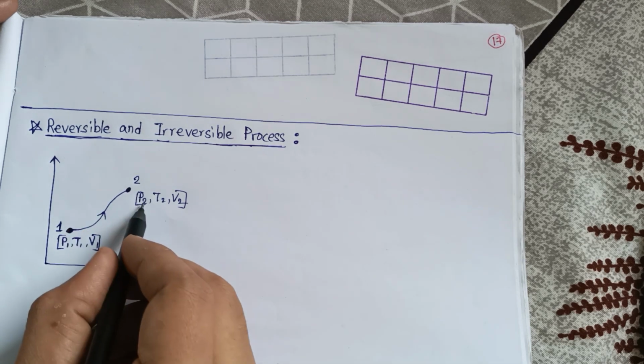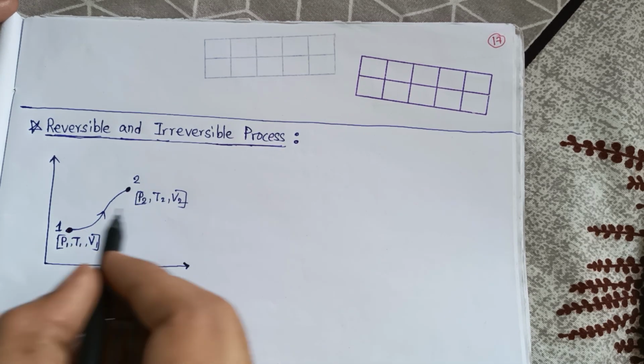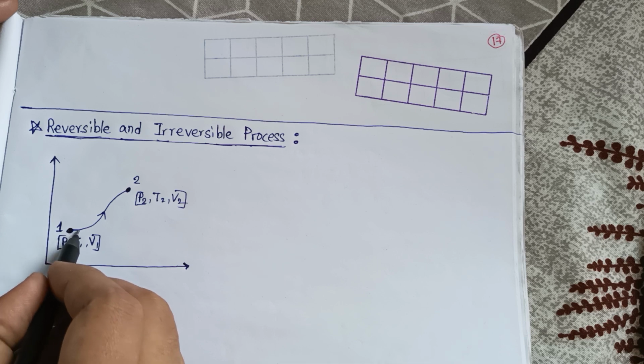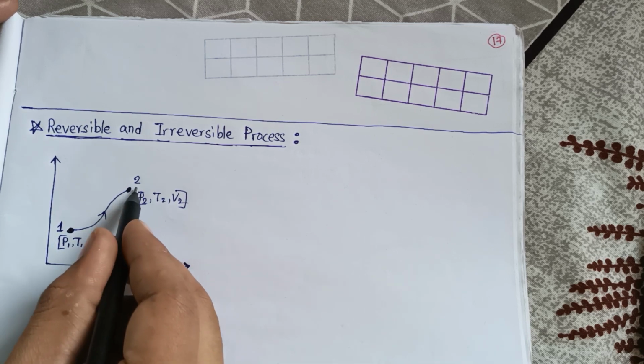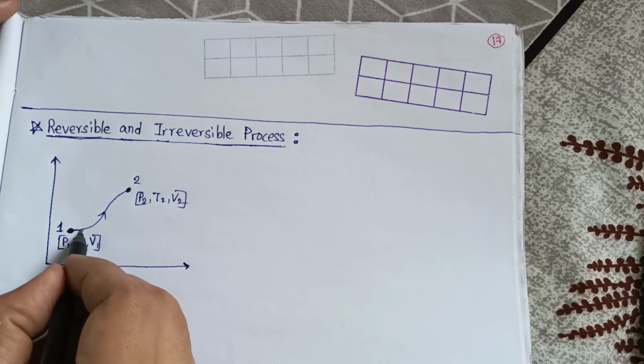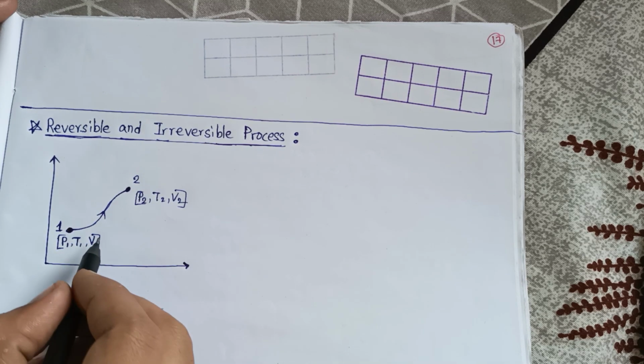In state 2 there is a pressure P2, temperature T2 and volume V2. This change of the state, from 1 to 2 following that path, is known as a process.